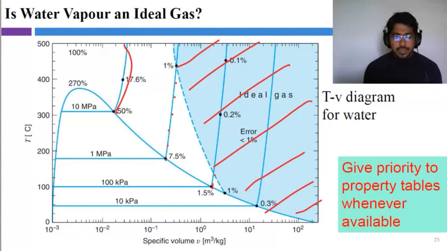But do we use ideal gas assumptions for water in this course? No. So for water, do we apply ideal gas in this course? No. If you apply ideal gas equations for water, would you get marks? No. Are we clear on that one? Perfect.